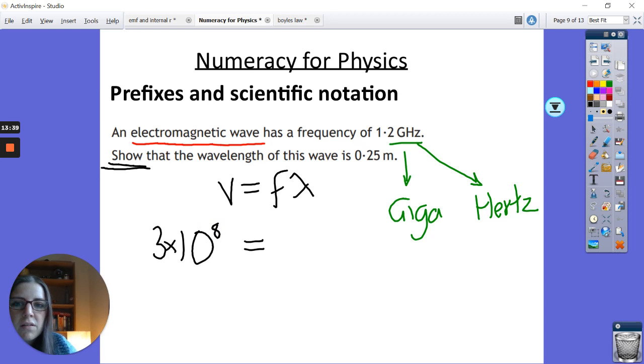Frequency is the thing we know, that was 1.2, but we need to make sure we include that giga, times 10 to the power 9. And then lambda is the thing we're trying to work out.